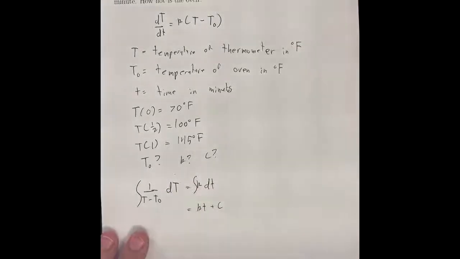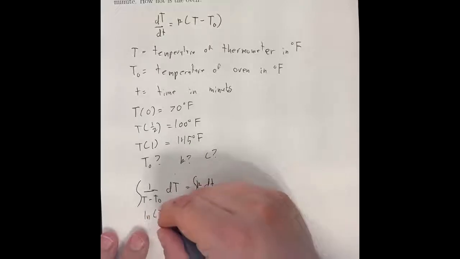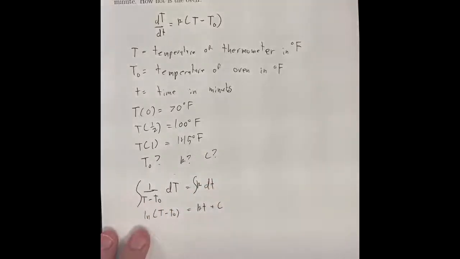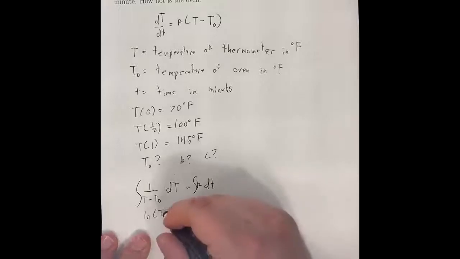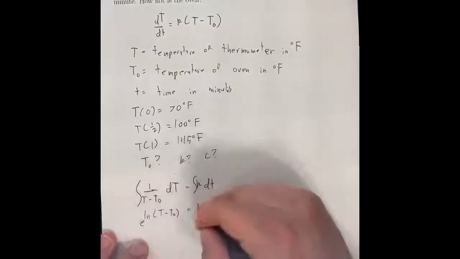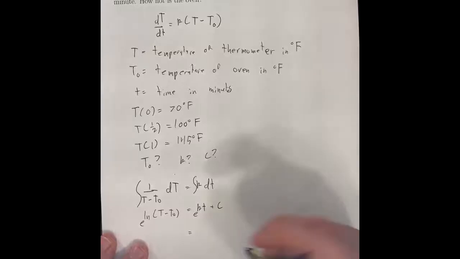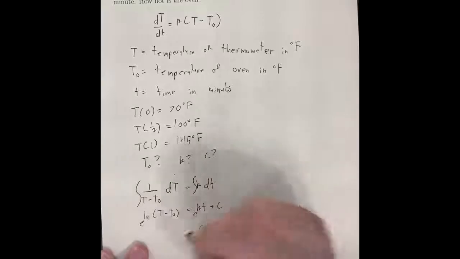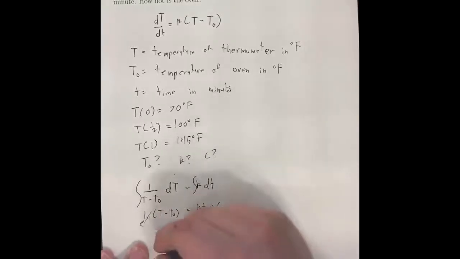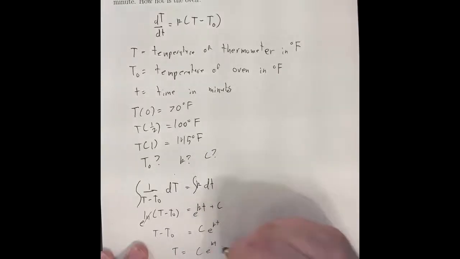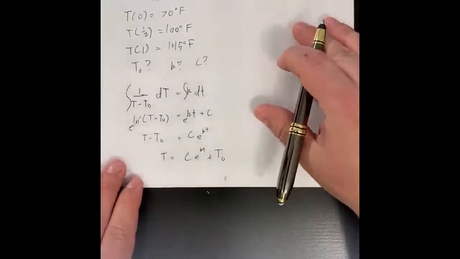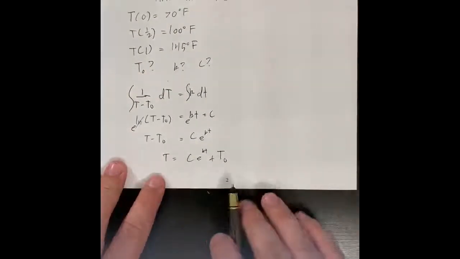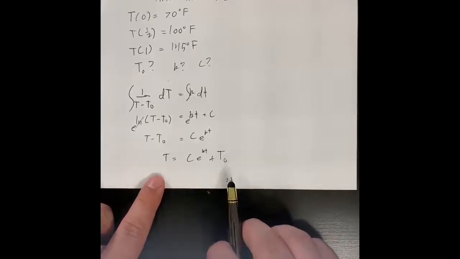And this is again going to be a natural log, but now natural log of T minus T naught. Solving for T, the temperature, take base e of both sides. We can bring that constant down, with e to the kt equals T minus T naught, and then add that across, T equals C e to the kt plus T naught. Okay, so that's our formula for the temperature of the thermometer in the oven as time goes on.